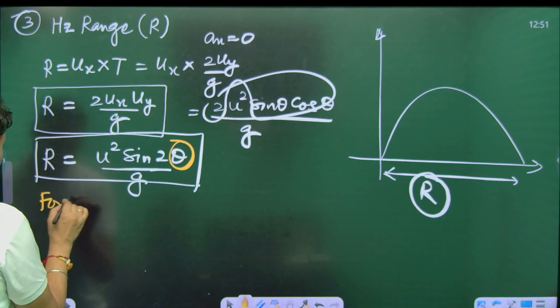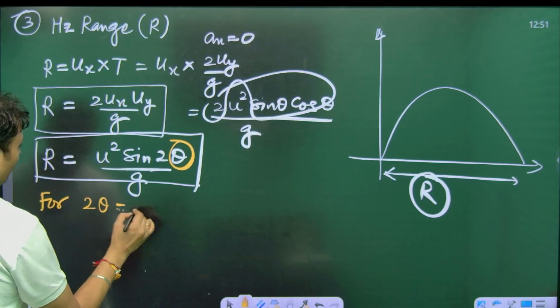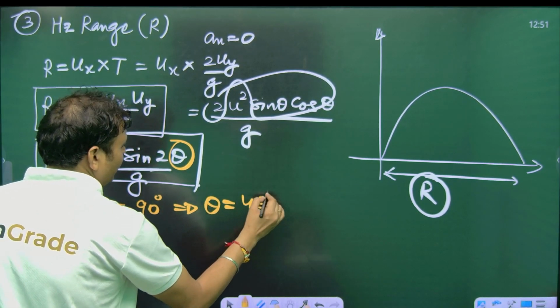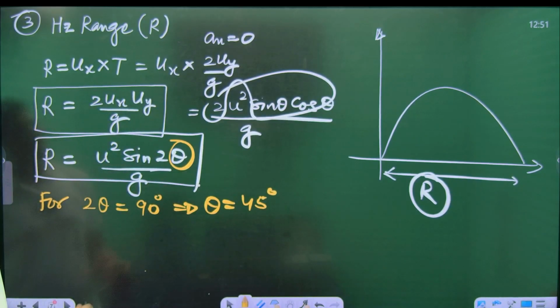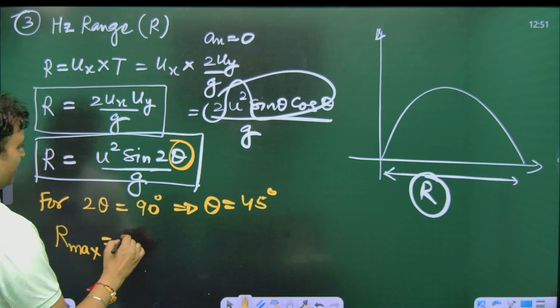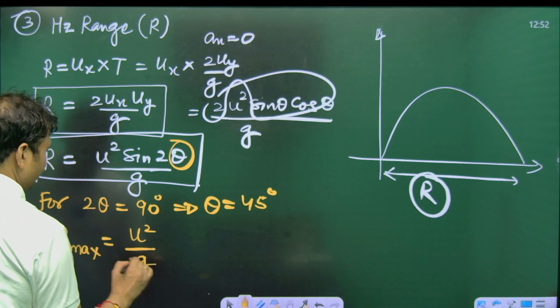So for 2 theta to be 90 degrees, or we can say theta is equal to 45 degrees, sin 90 is equal to 1. So R will have its maximum value, that is equal to U square by g.